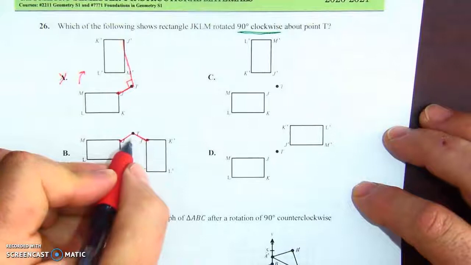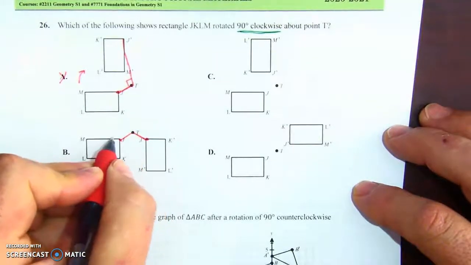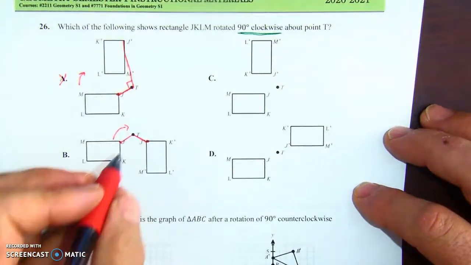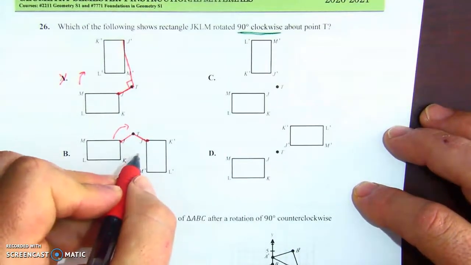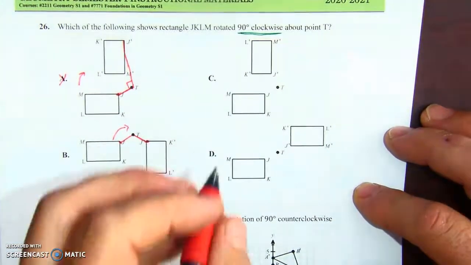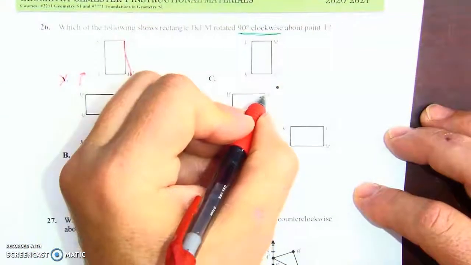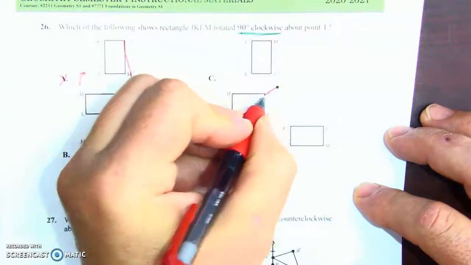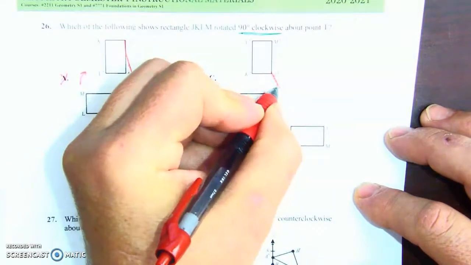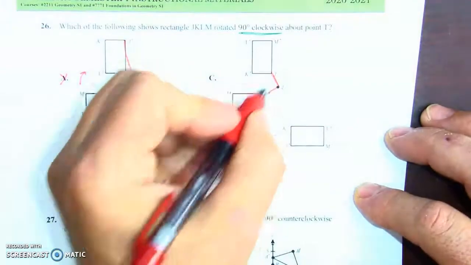And I'm looking to see, again, it looks like it's rotating this way if we wanted to, but does that look like it's only rotating 90 degrees? It looks like it's more than 90 degrees. Therefore, I would say probably no. Then we have this one here. I'm drawing my line from point J to the point of rotation, and I do this one here, and there's my point.